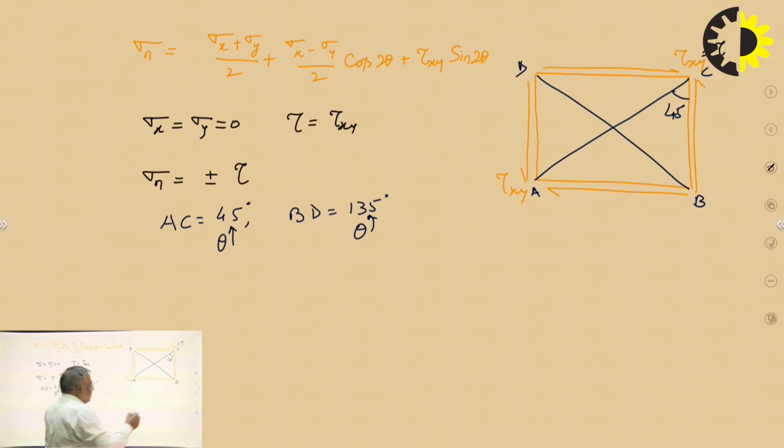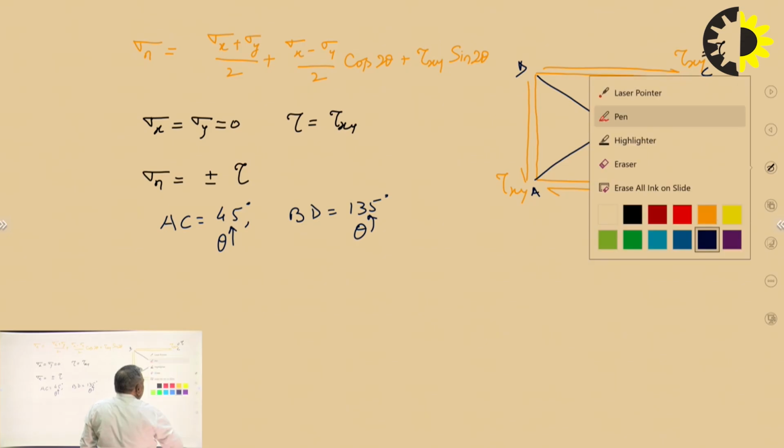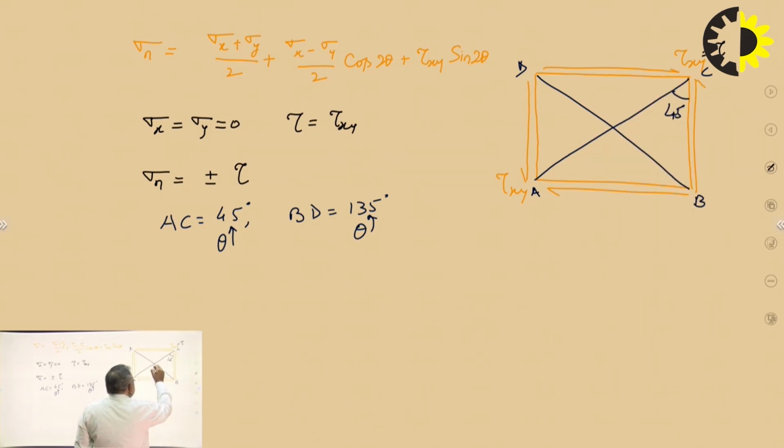After that, you can easily obtain this situation. It will elongate along AC, because you will get the positive for AC, and it will contract along BD.